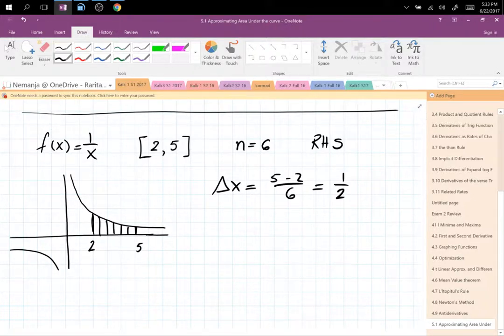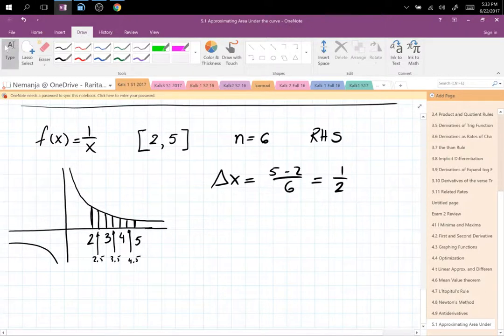And then we're going to do right hand. So we have these numbers, but then we have the in-betweens, 2.5, 3.5, and 4.5 as well. Right-hand side means we go to the right and then draw the rectangle towards the left. So the first number we are using is 2.5.